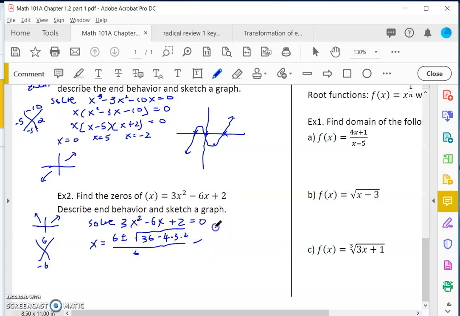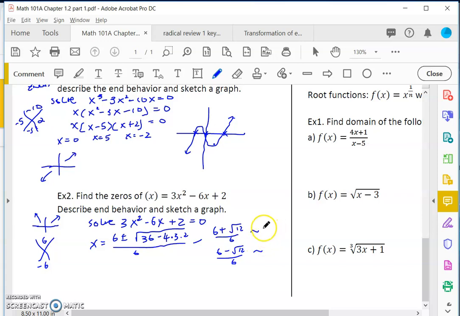So it becomes 6 plus the square root of 12 over 6, and 6 minus the square root of 12 over 6. If we wanted an exact solution, we should simplify them. But we are not. We are just trying to figure out where the two numbers are.